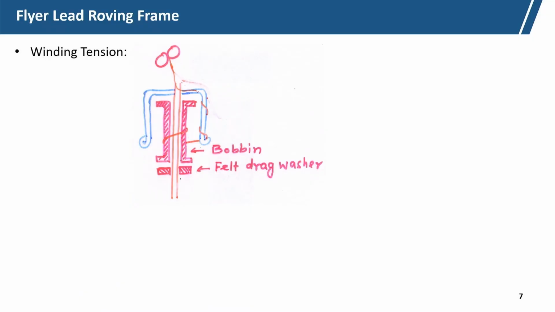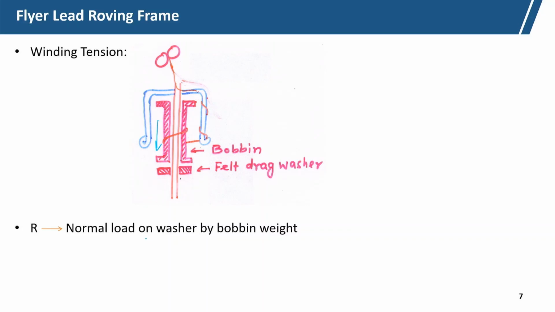Now, try to see here, this is the felt drag. Felt drag is the system which applies the winding tension, which controls the winding tension. Now, let us see, R is the normal force on the felt drag, which is nothing but the weight of the bobbin with the material.